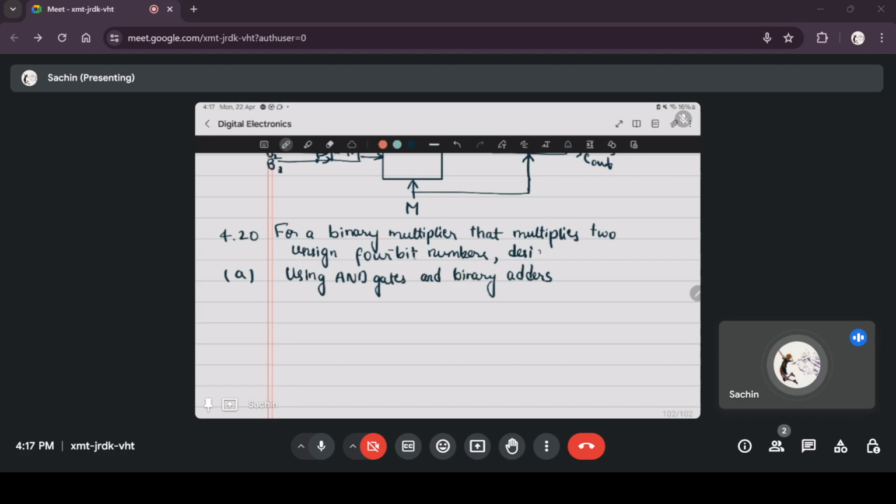So design a circuit using AND gates and binary adders.